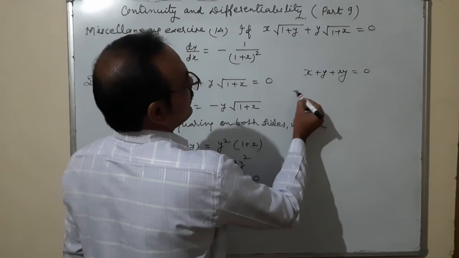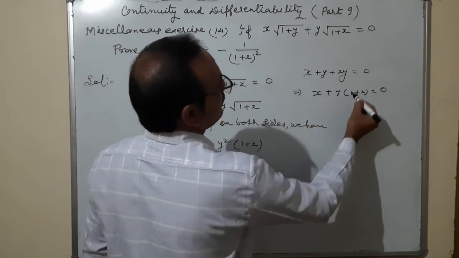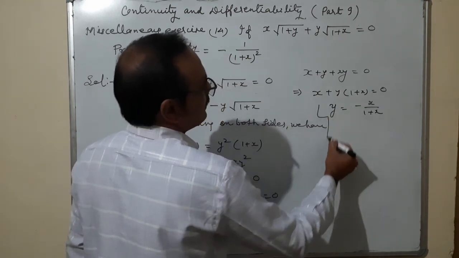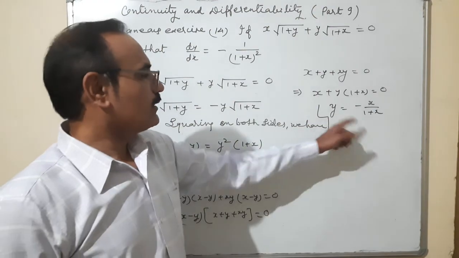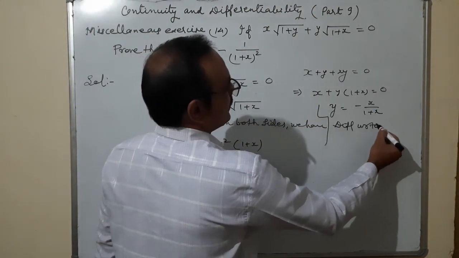Okay. So here I can take y as common, y(1 plus x). So y is equal to minus x upon 1 plus x. Now we have separated y. Now differentiate with respect to x.